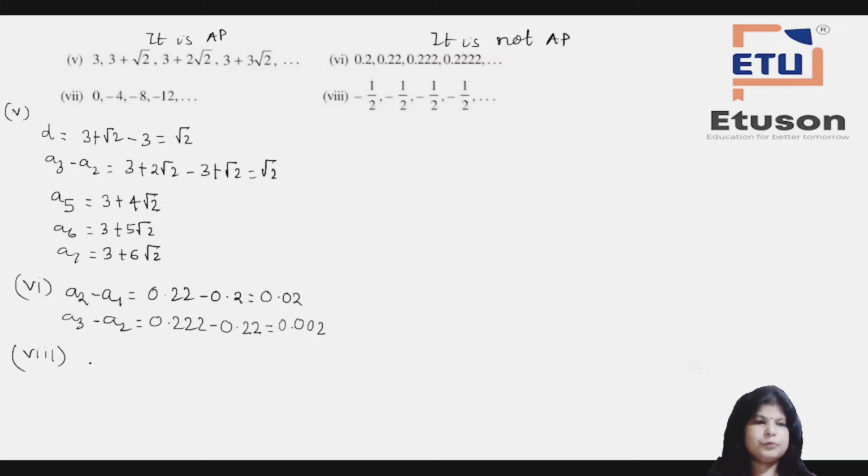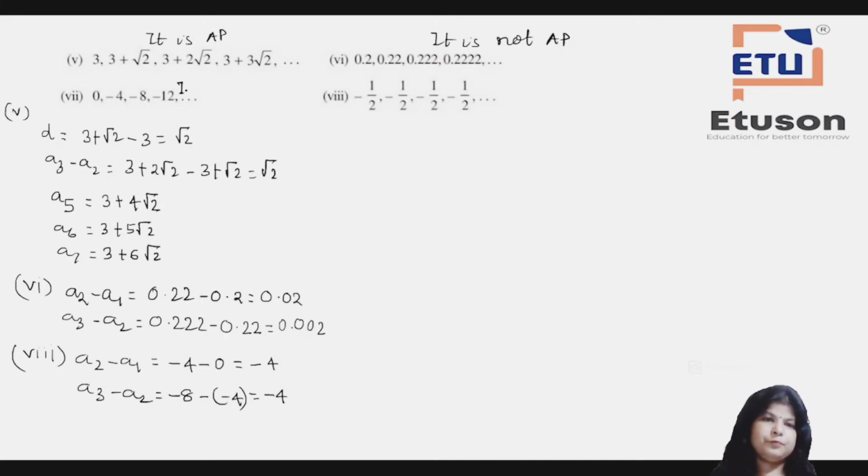Now coming to your next bit. So here you have your first term. So let us find out the difference if it is the same. A2 minus A1 is minus 4 minus 0, that is minus 4. Okay. So A3 minus A2 is equal to minus 8 minus minus 4, that is minus 4. So there exists a common difference.